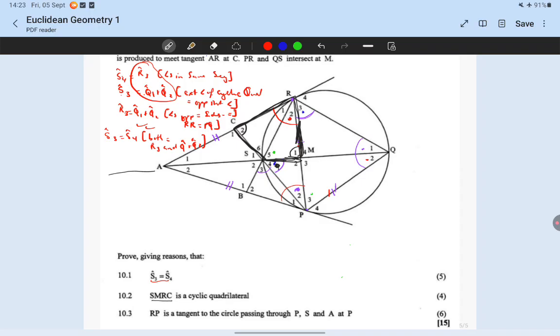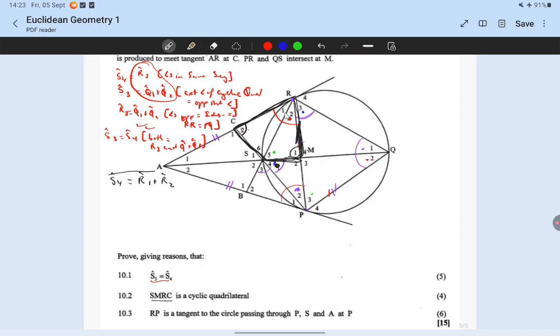So if we can prove that S4 is equal to R1 plus R2, then we can prove that it is a cyclic quad. Or if we can prove M4 is equal to C2, then it proves that this is a cyclic quad. However, we don't have any relationship between this and this yet.